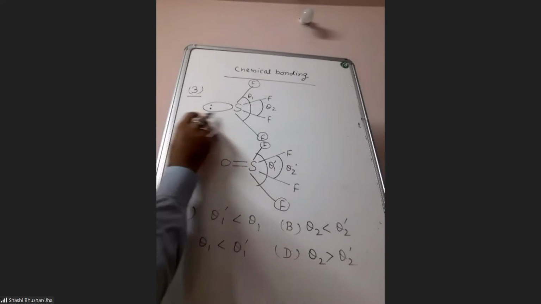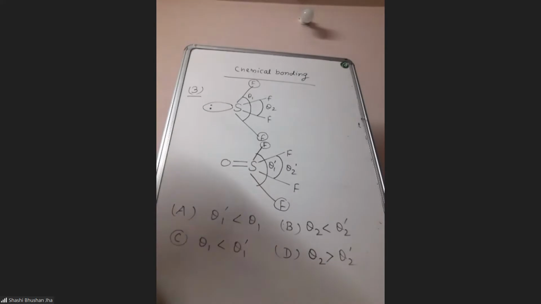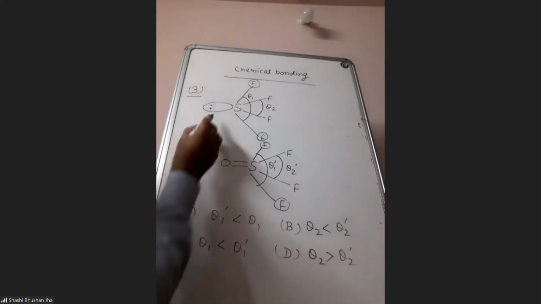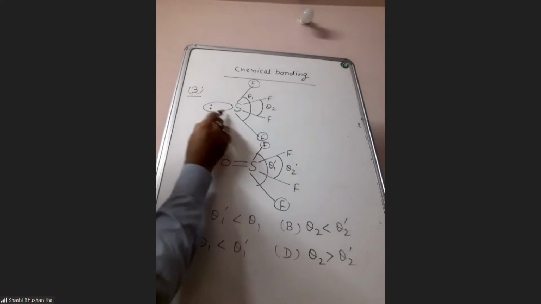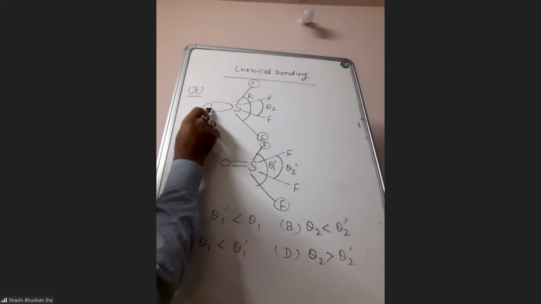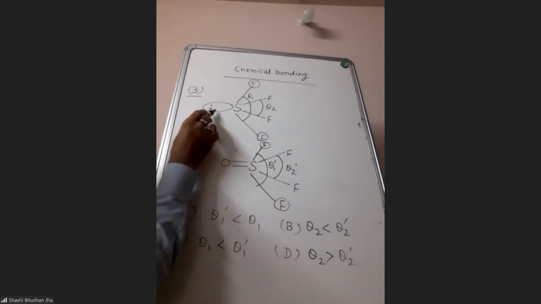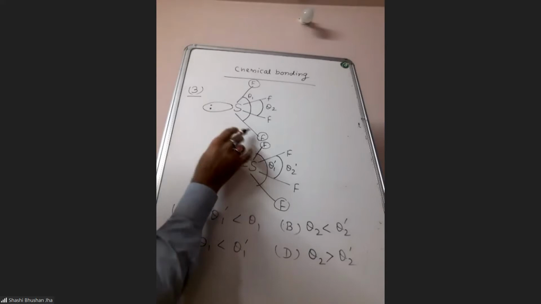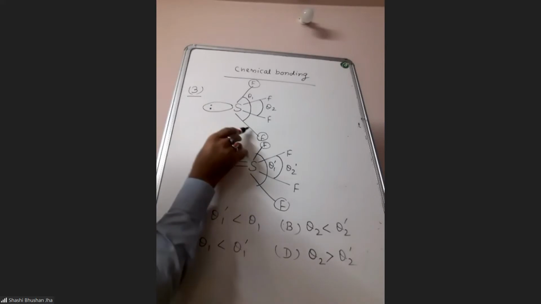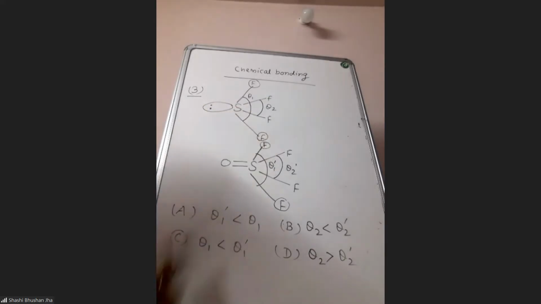Now, first we come to this, first geometry. This is lone pair of electron present at equatorial position. Obviously, it will repel this axial bonds as well as equatorial bonds. But you tell me which bond will be repelled more, equatorial bond or axial bond?